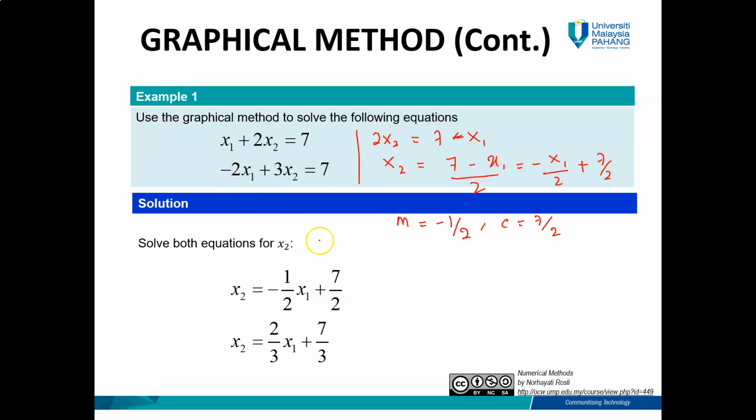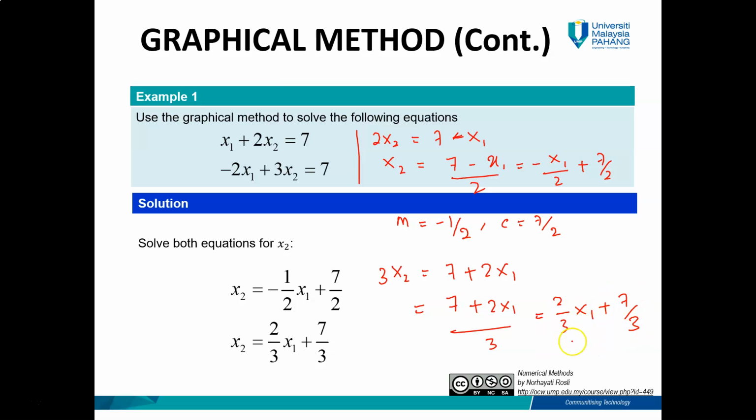And then for the second equation, when we convert with x2 as the subject, we have 3x2 equal to 7 plus 2x1, so x2 equals (7 plus 2x1) divided by 3, that is equal to 2 over 3 x1 plus 7 over 3.